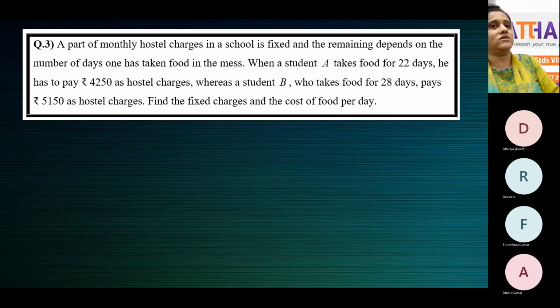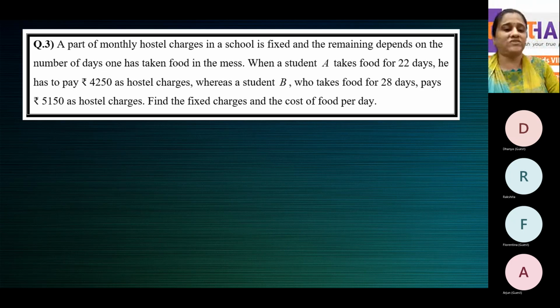Whether students eat in the mess or don't eat in the mess, they have to pay the fixed hostel charges, because they're using the hostel. The variable cost depends on the number of days you take food in the mess.